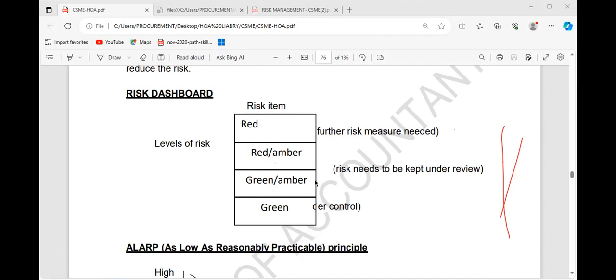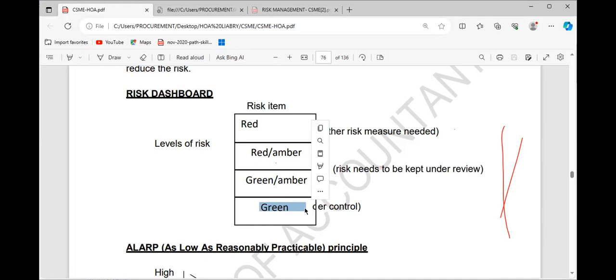Now let's come back to a risk dashboard. Risk dashboard is talking about that prioritizing, ranking. Okay, when you tag a particular risk with green, it means that particular risk can still be controlled.